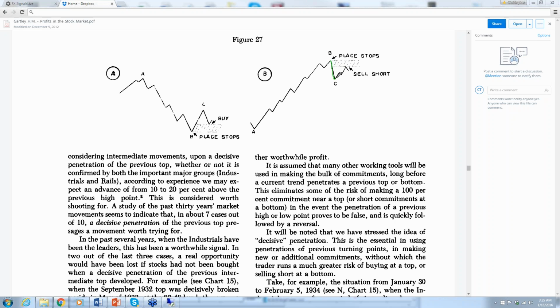He drew it in. Who knows? The fact is, he came up with this pattern, and after that, a gentleman by the name of Scott Carney put structure around everything and wrote the book Harmonic Patterns.